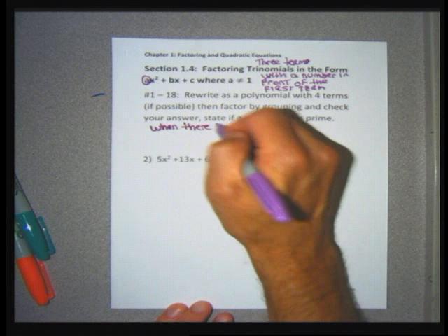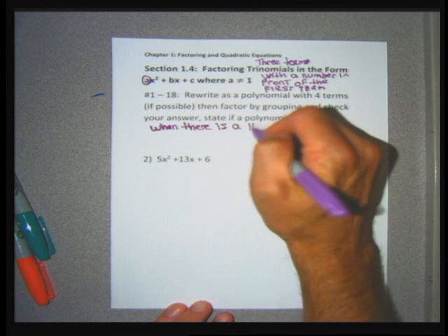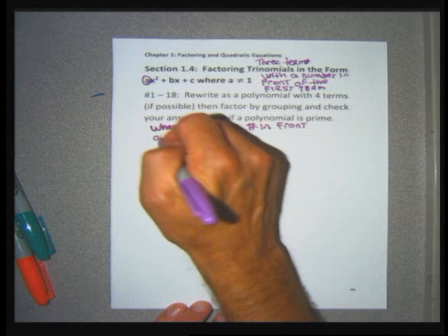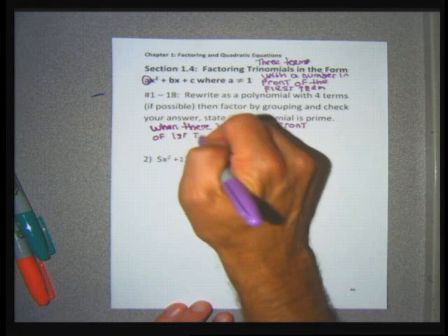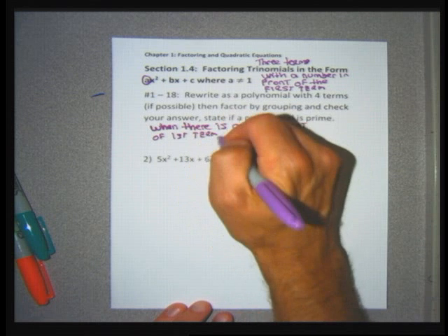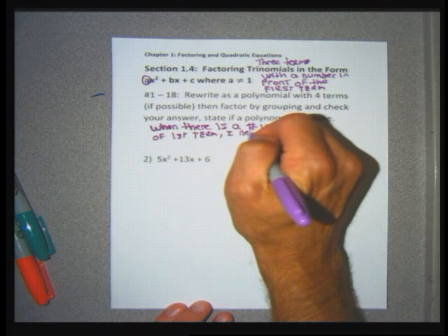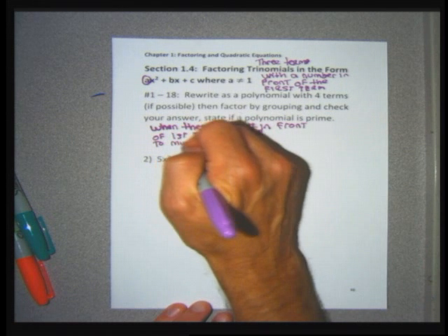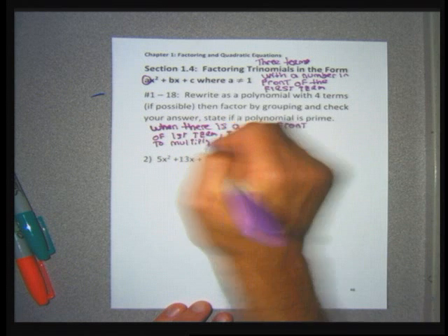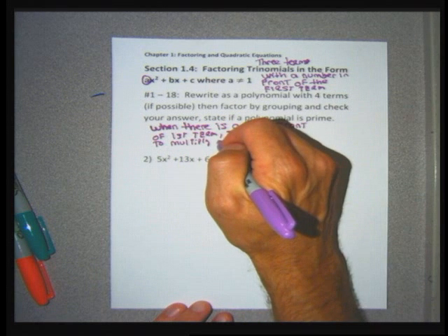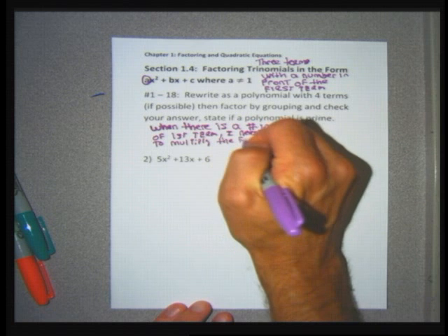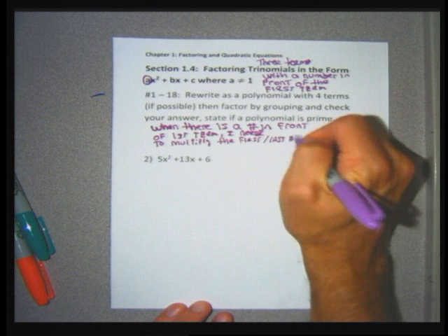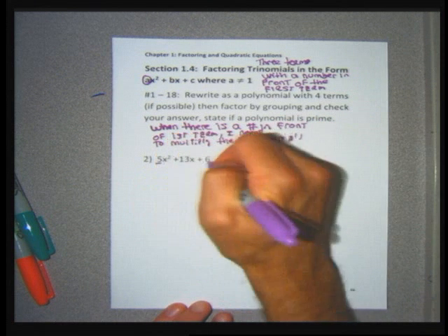So when there is a number in front of the first term, I need to multiply the first and last numbers without the x. So I'm going to multiply this 5 and this 6.